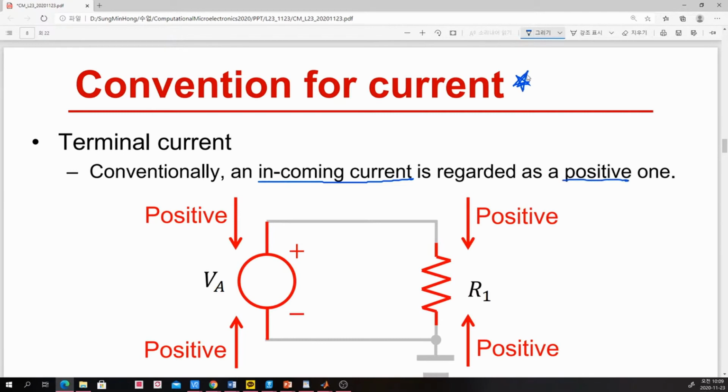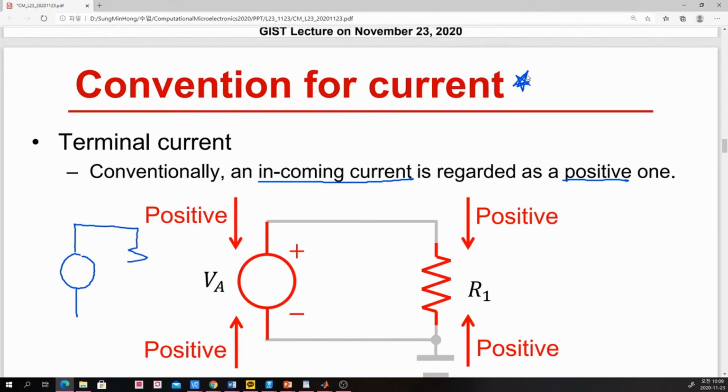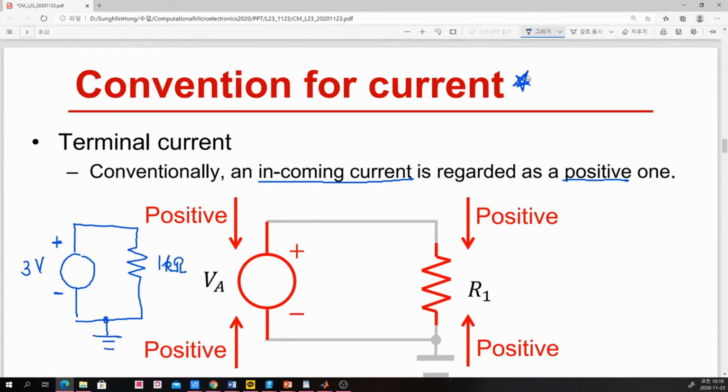So say here we have a voltage source and a resistor, and say we have 3 volt here. This is the negative and positive terminal, and say 1 kilo ohm. Then of course we will have 3 milliampere.